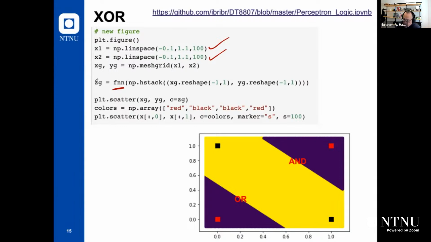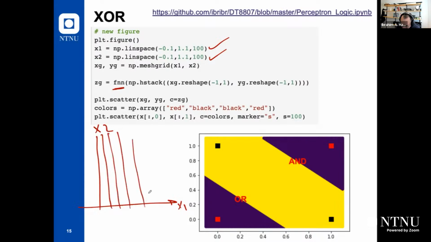So in fact, what we are doing here is this: my data set is across x1 and x2. I will create a grid, and I will get those xg and yg values.